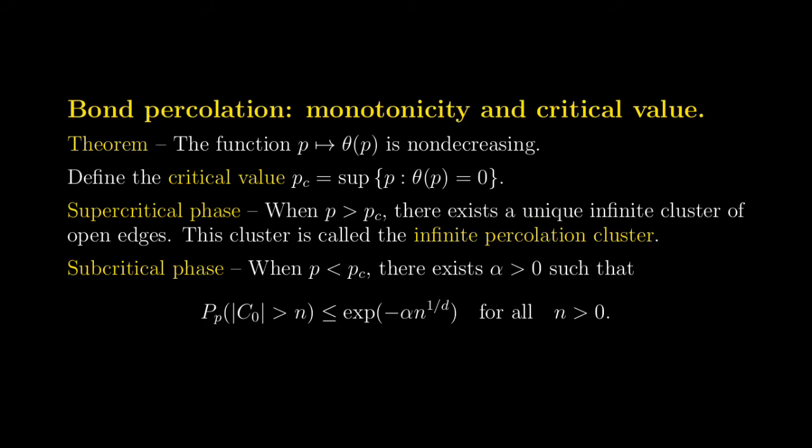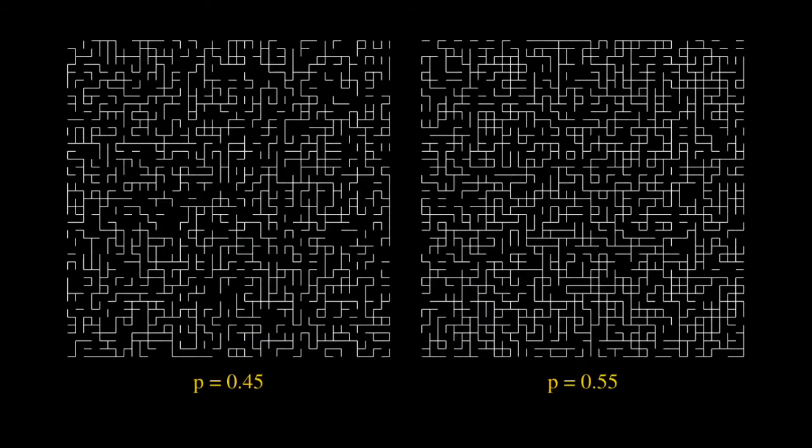That explains the picture on the right. We don't see two big clusters. Instead, we see only one giant connected component and only little clusters in between, in a few gaps.